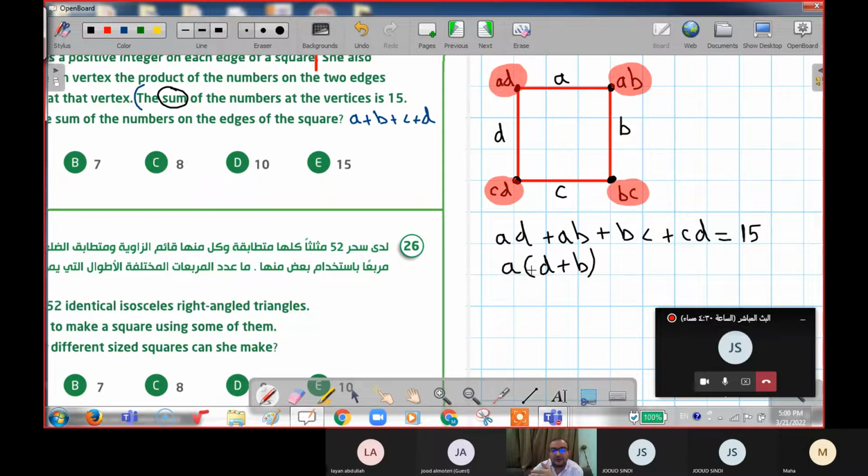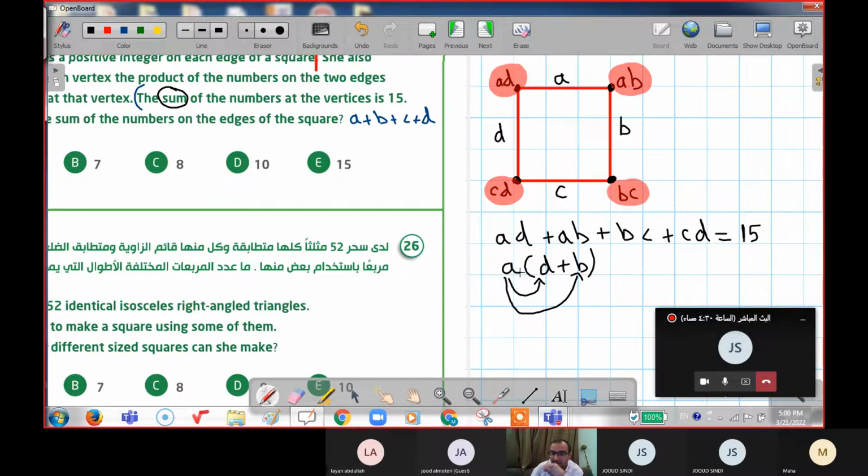So how does he know, for example, that he wants to take a common factor? If you make the inverse, because he has factorized AD plus AB, now if I want to expand A times D plus B, A times D will be AD, then A times B will be AB.